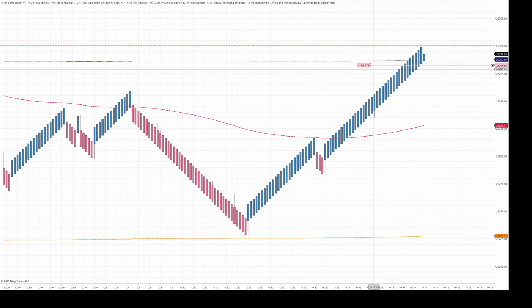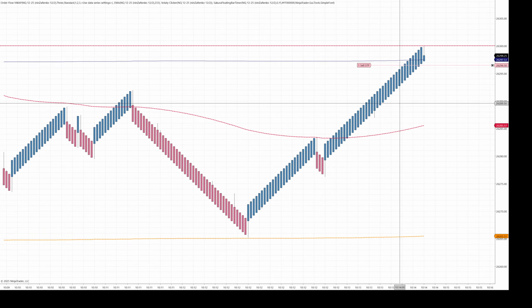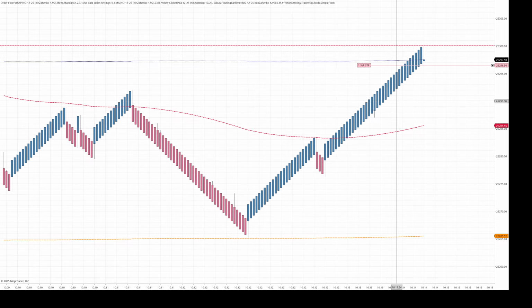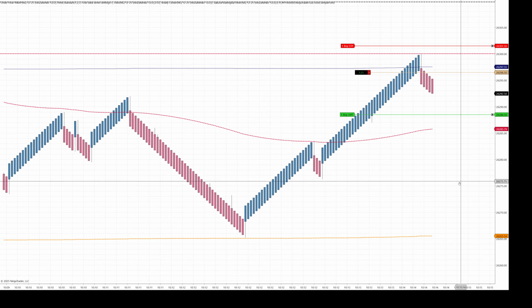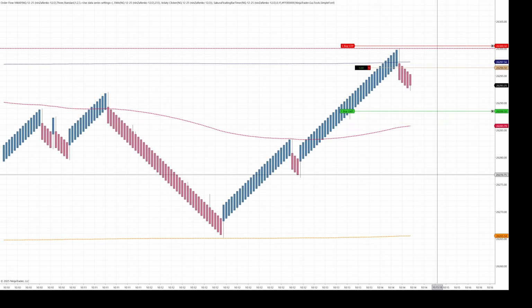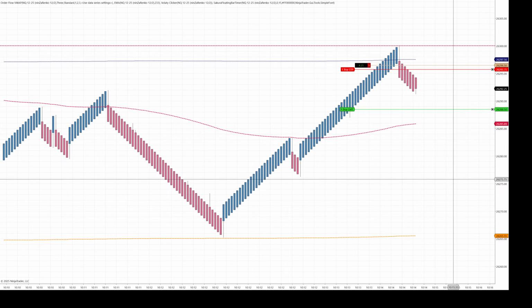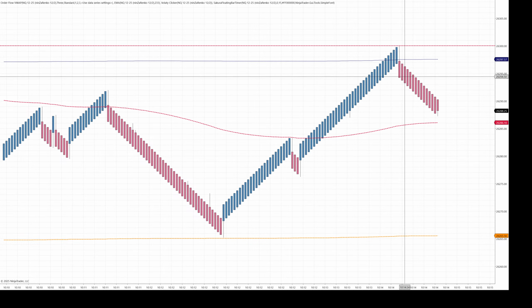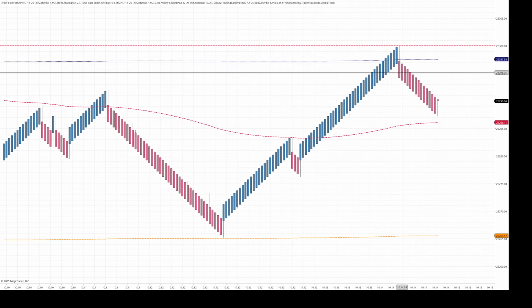I essentially have my sell order ready in case it breaks that level to the downside. There it is. And that one worked as well, so that's great.